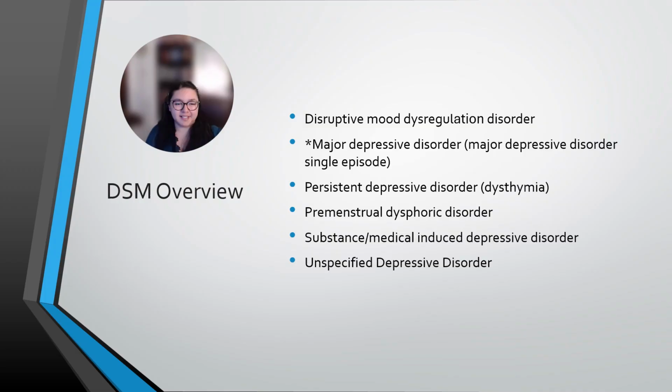So here we are. This is the DSM-5-TR overview. Here's some examples of what's going to be included in that depression chapter. So please, flip open your book, look at that chapter, read along with me.